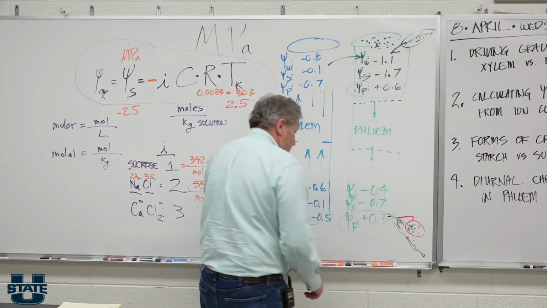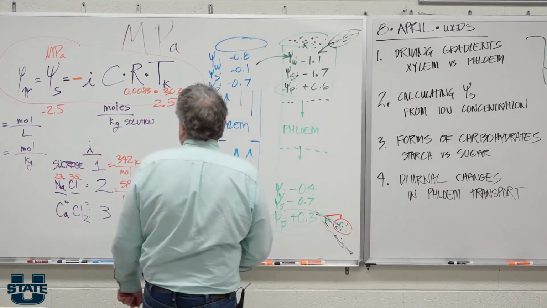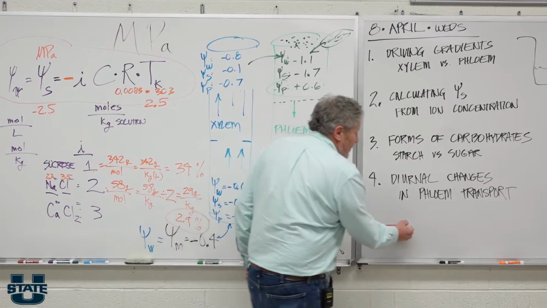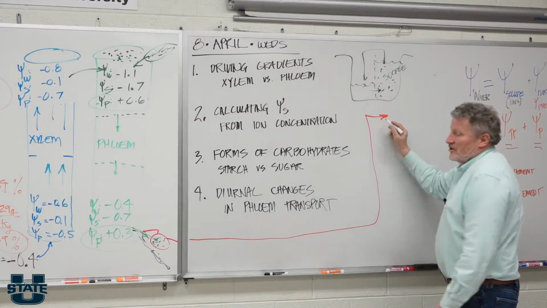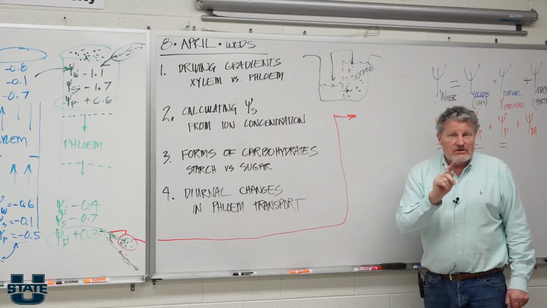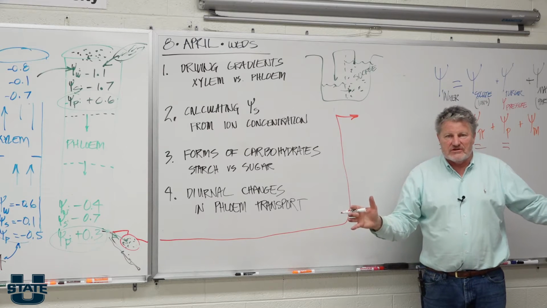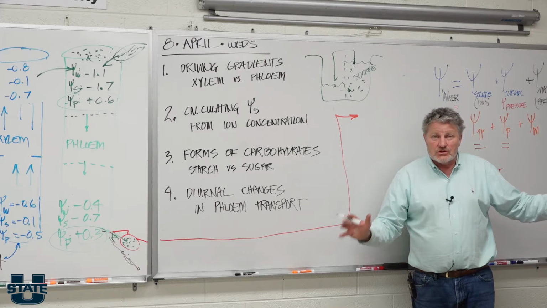What happens to sugar? We're going to go here, and here, and here. The sugar in the sinks, what form of carbohydrates are in seeds, like rice and corn and wheat? Is there sugar in those?